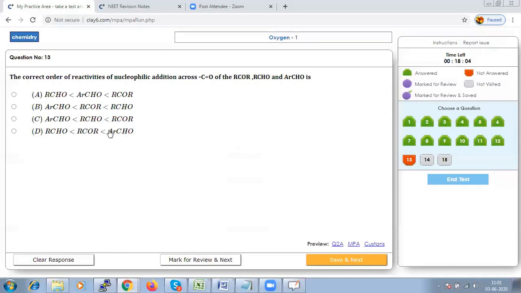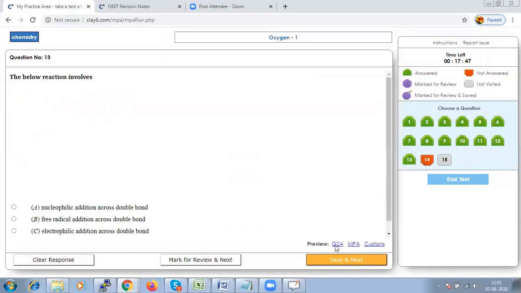So aliphatic aldehyde, aromatic aldehyde and then ketones. This should be the actual order. Let us save that and go to the next.